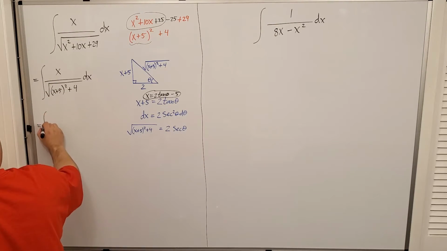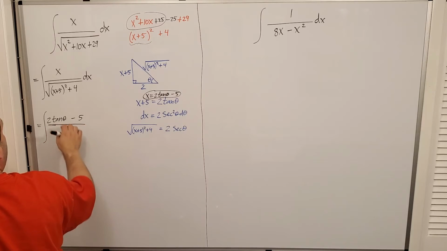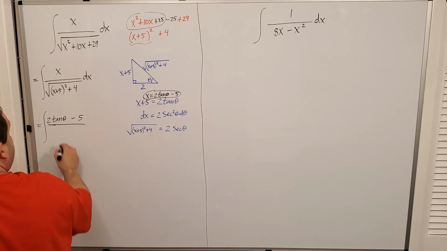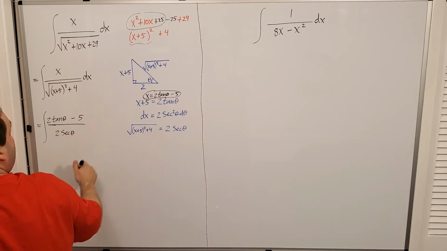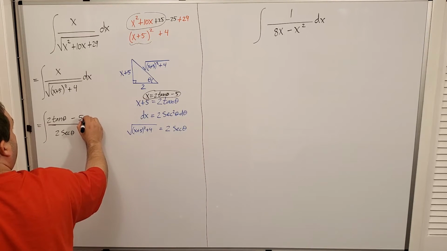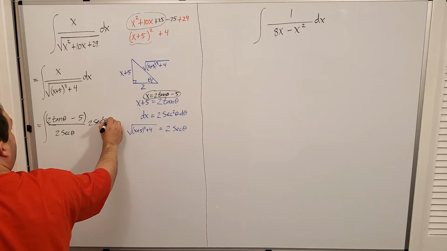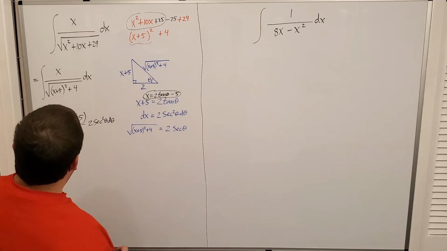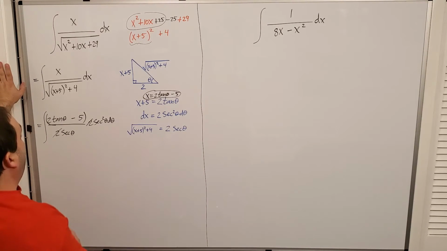So then I have an integral 2 tangent theta minus 5 over the square root portion, which is 2 secant theta, and dx is 2 secant squared theta d theta. Okay, so right away I can reduce these 2's, right? Those are gone.